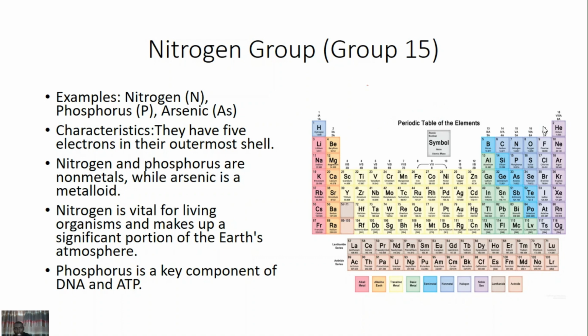Group 5 elements have 5 valence electrons, and examples include nitrogen and phosphorus. Most of them are very ubiquitous in living organisms.